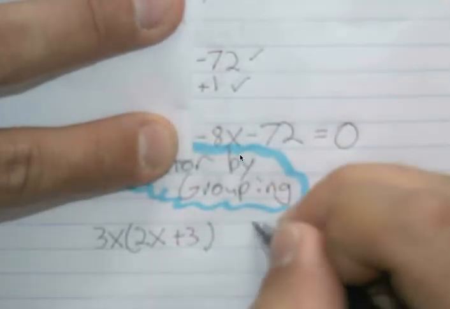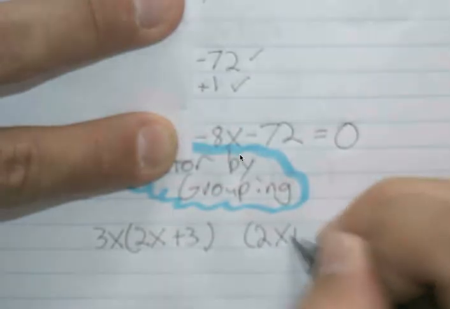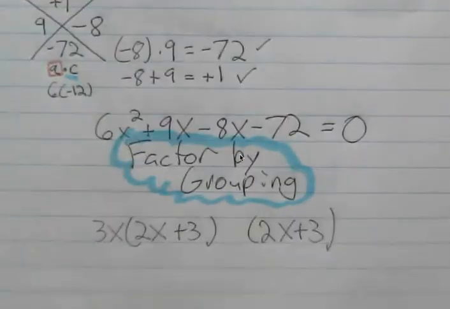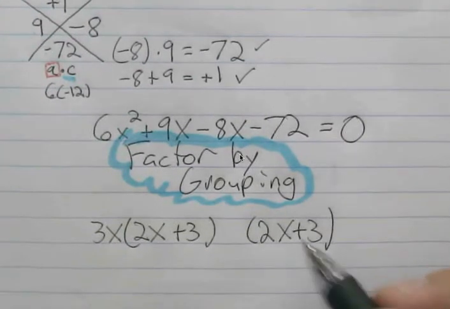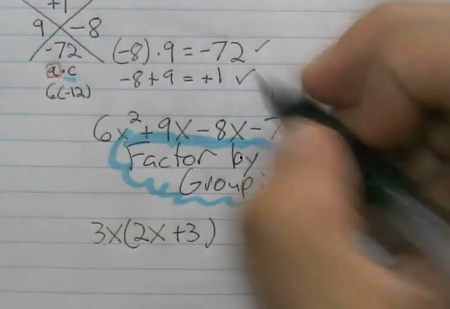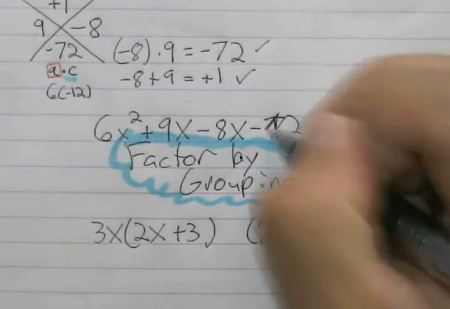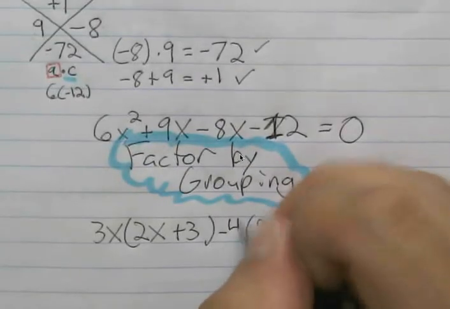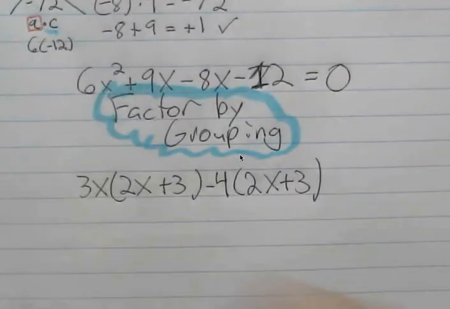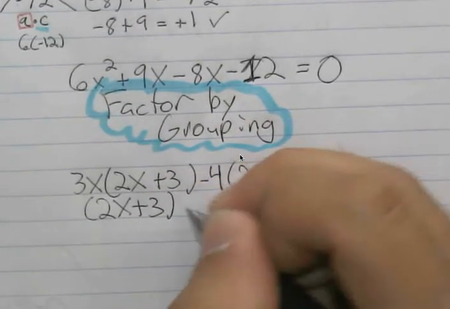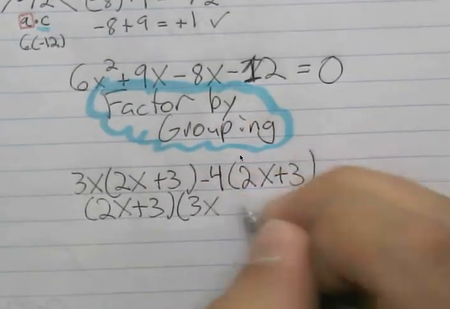We know that 2x plus 3 has to appear here again. And if we have this in parentheses, what we need to factor out would have to be, oh sorry, this is back to negative 12, sorry. This would have to be negative 4 that we factor out. We rewrite it to the binomial. There's only one of these we need, 2x plus 3, 3x minus 4.